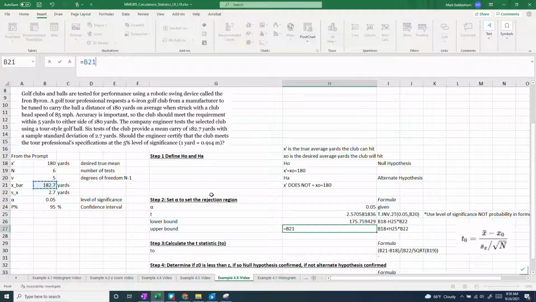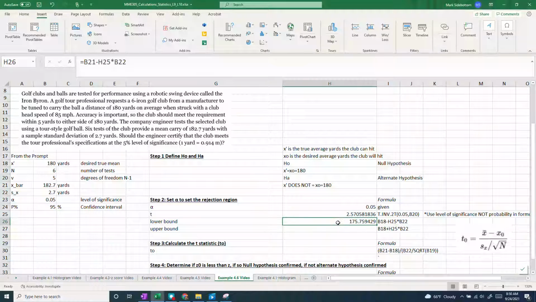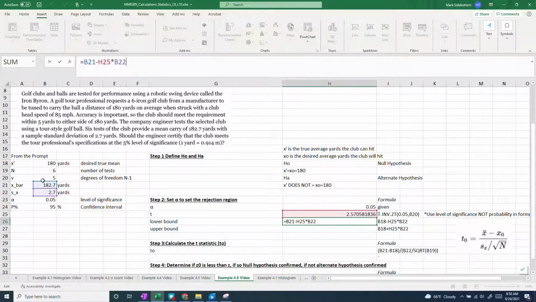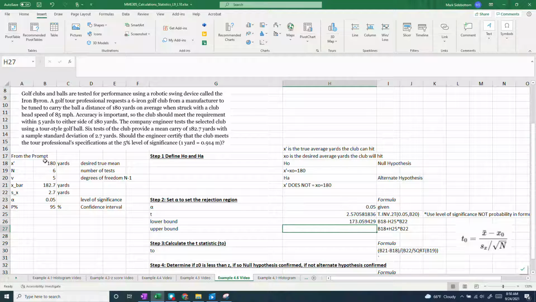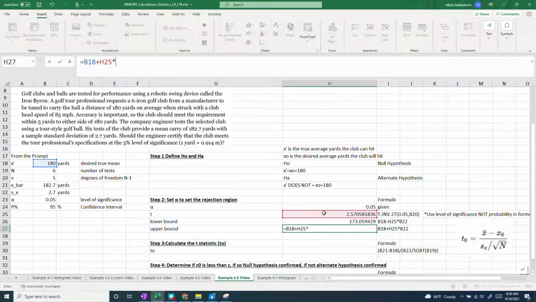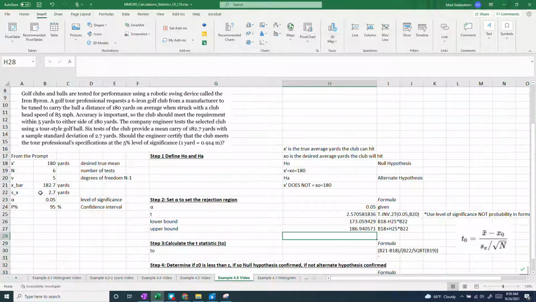Sorry, I did the wrong thing. It should not be the x bar value, it should be the x prime value. Now we do x prime plus the t-score times the standard deviation of our measurement. That gives us a lower bound of approximately 173 and an upper bound of approximately 187.